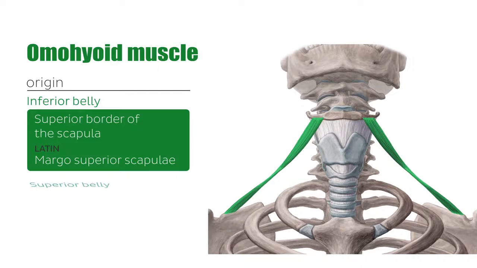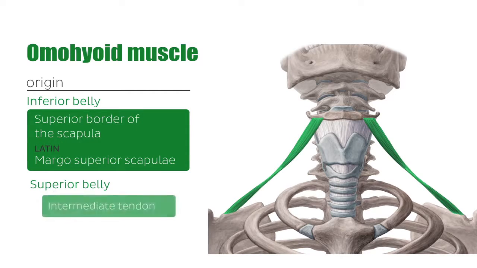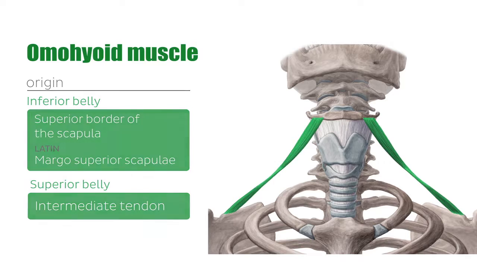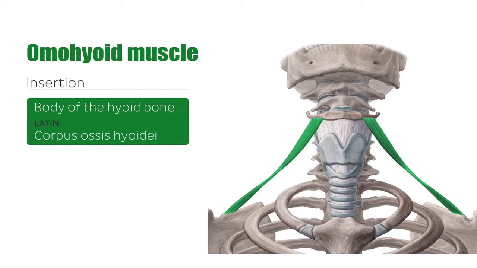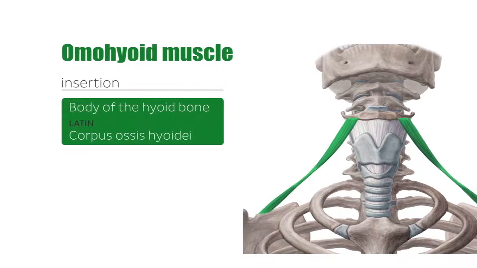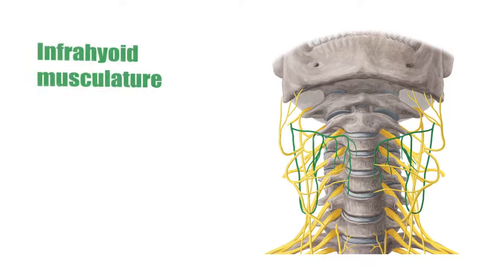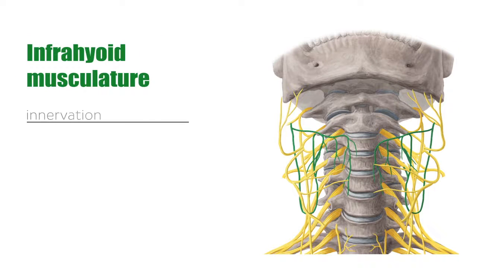The superior belly originates at the intermediate tendon. When it comes to the insertion point for the omohyoid, distally, the muscle will attach to the body of the hyoid bone. We are now ready to talk about the innervation of the infrahyoid muscles.